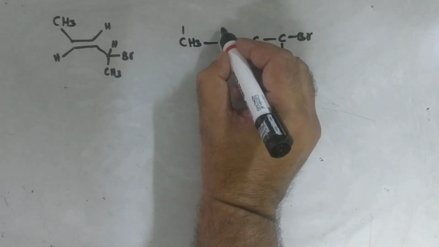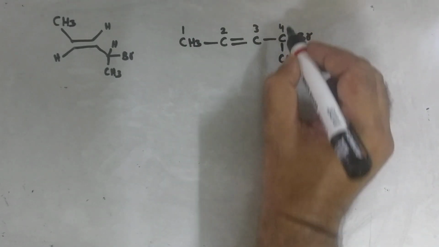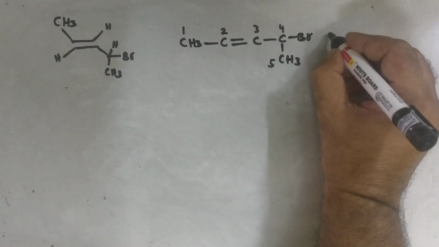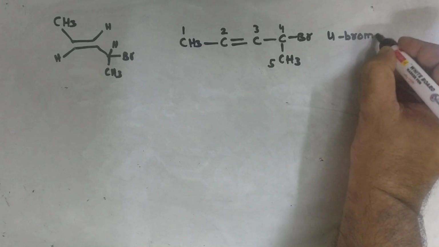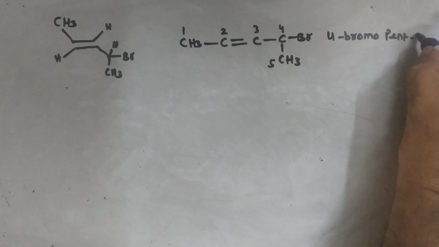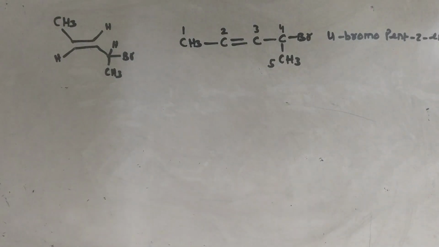The double bond has to be given the lower number: 1 2 3 4 5. So this compound will be called 4-bromo, longest chain 5 carbon, so it's pent-2-ene. Hopefully I would have got the same name as you.